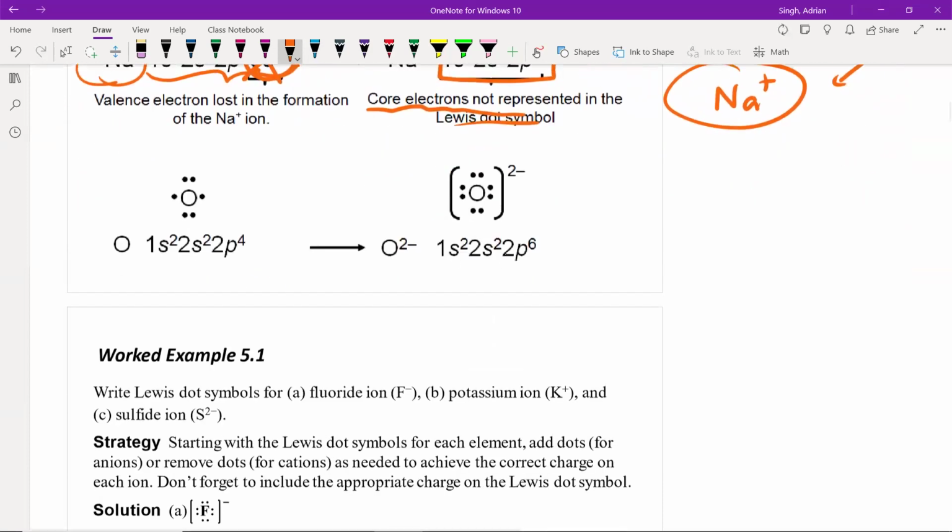In the case of oxygen, right, oxygen is in group 6, so it's got 2, 4, 6 valence electrons, right? It has atomic number 8, so it's got 8 protons. The oxygen atom, 8 protons and 8 electrons.